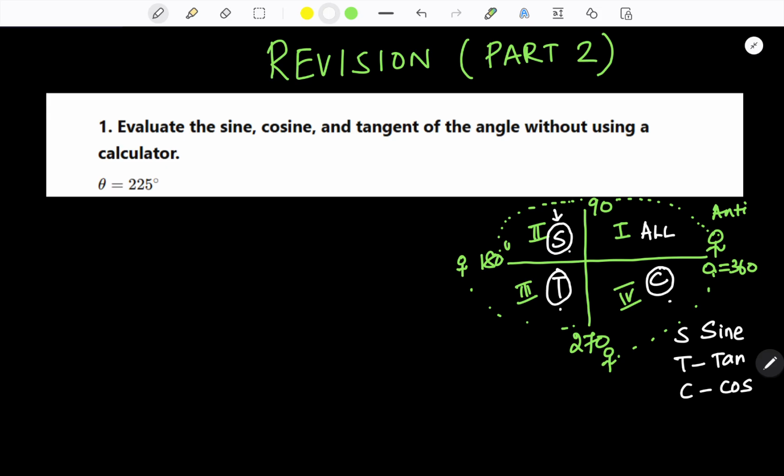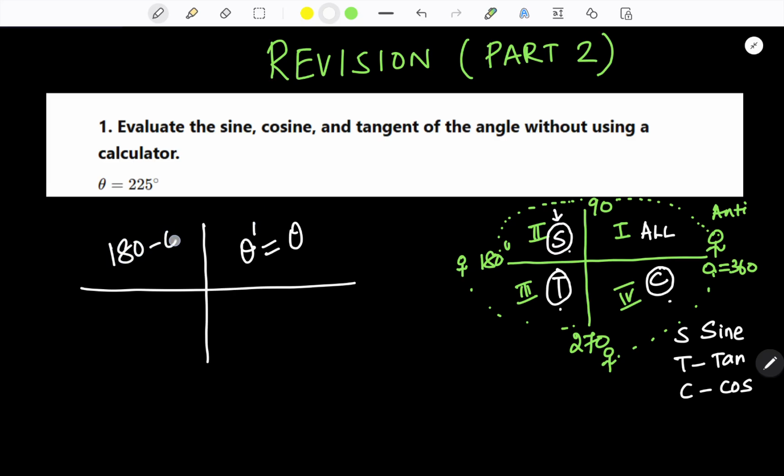The next important thing you need to remember is the reference angle. What do you need to remember? Reference angle. In the 4 quadrants, in the first quadrant theta is equal to theta. Usually we call it theta dash, but no problem. Here the rule is 180 minus theta and here is theta minus 180 and here 360 minus theta. These 4 formulas you have to remember.